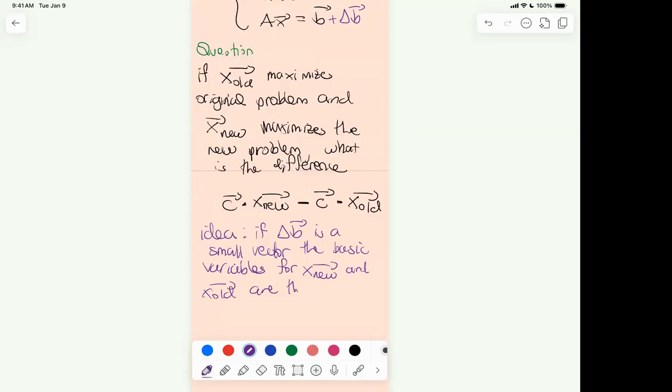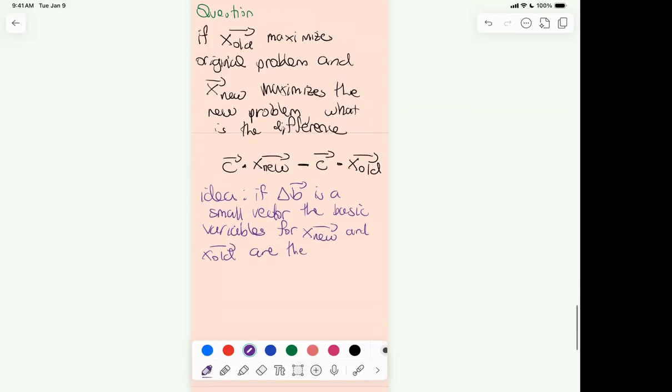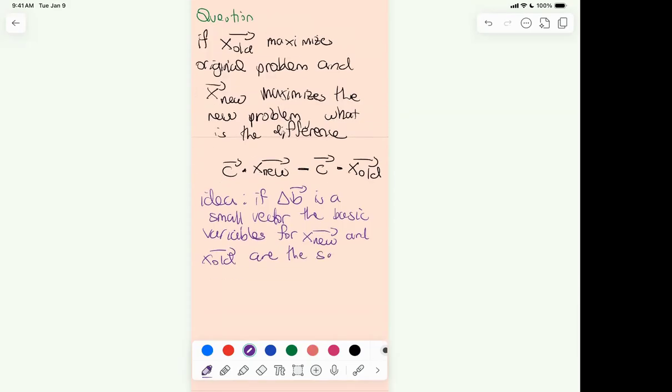So meaning that you can use the same basis. That's what I'm trying to say. The basis for the old problem is the same as the basis for the new problem.